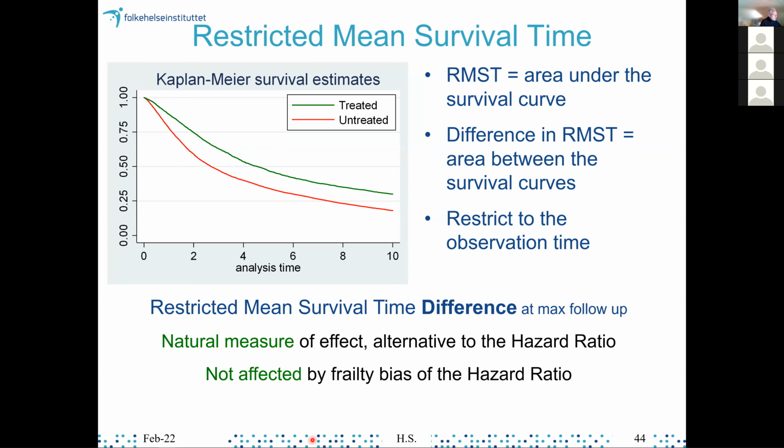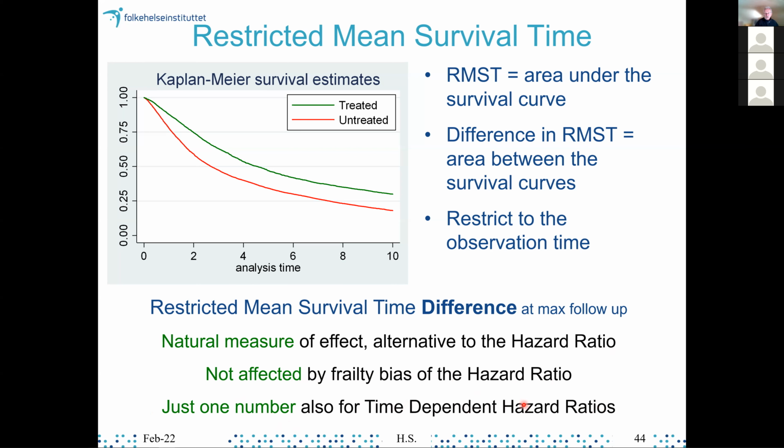And the good thing is that this is not affected by the frailty bias that's affecting the hazard ratio. And as an extra bonus, it's just one number, also if you're using time-dependent hazard ratios or non-proportional models. So we have lots of benefits from using this one.